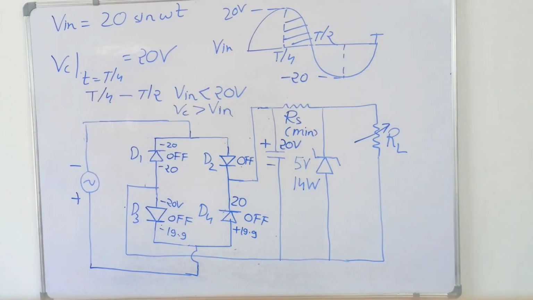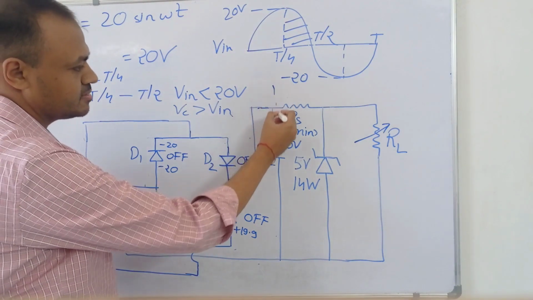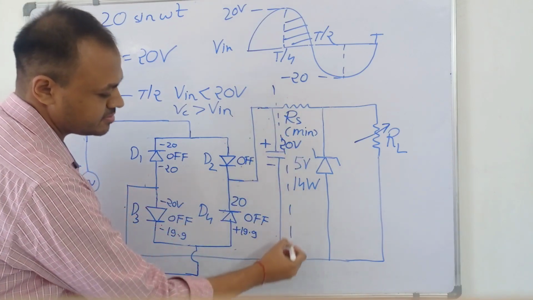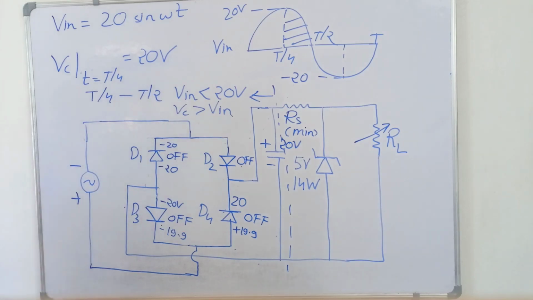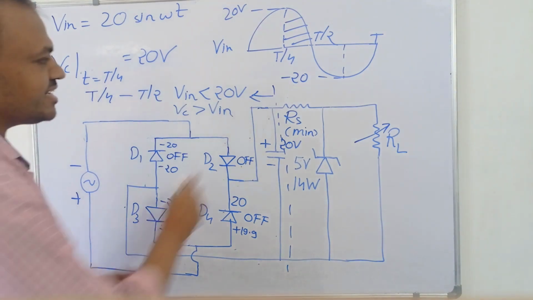So we can say that the left half of the circuit will work only as a positive peak detector.